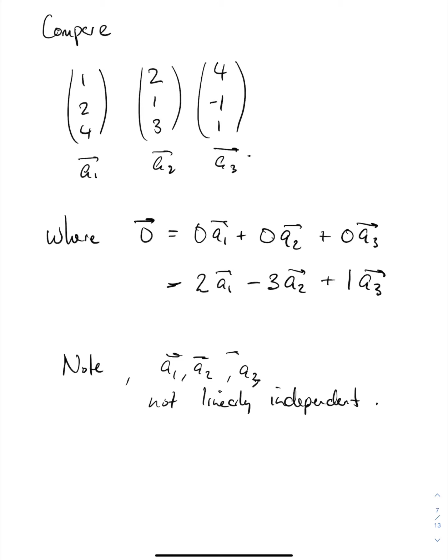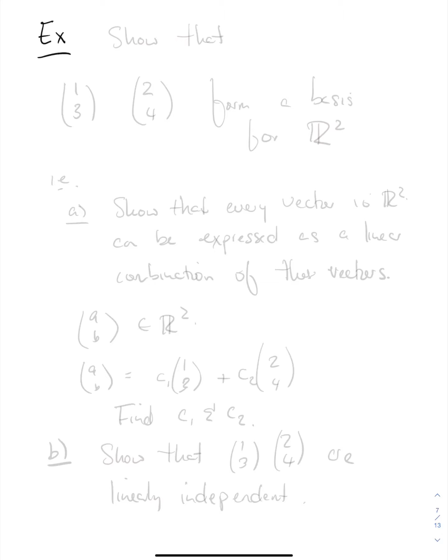Let's do an example. Let's do an exercise. Show that the vectors (1, 3) and (2, 4) form a basis for R2. I.e., there's two things that you need to show.